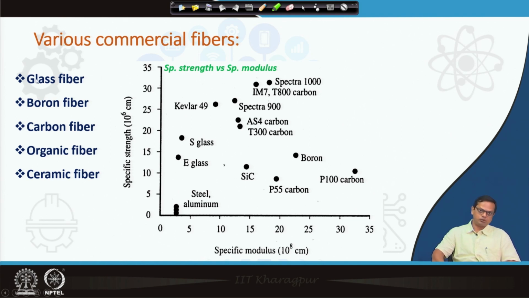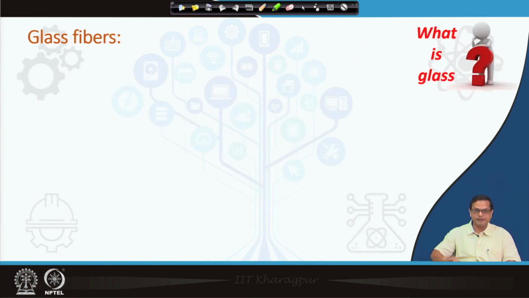Let us now pick each fiber one by one and discuss their synthesis, their properties, their applications, etc. So, talking about glass fibers, obviously the first thing that comes to our mind is, what is glass? We all understand glass means basically it is not crystalline, it is an amorphous structure.